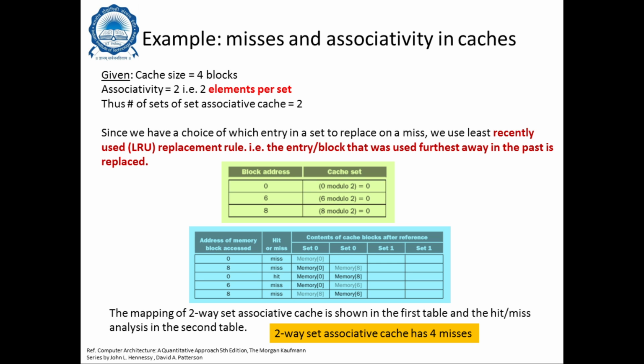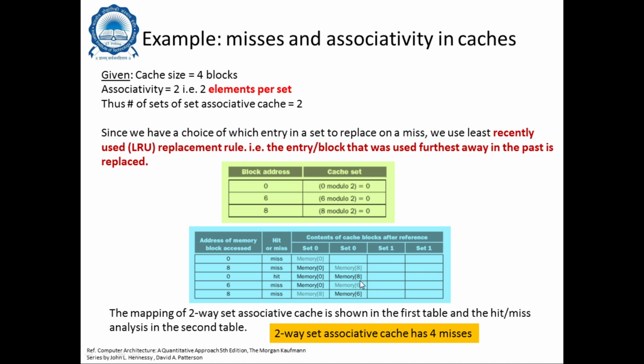LRU states that the least recently used block, that is the farthest away in the past, whichever block was used, that will be replaced by the current reference. So least recently used was out of 0 and 8. The least recently used was 8 because 0 was just recently used, and the farthest away that was used was 8. So therefore memory 8th content is replaced by memory 6th content.